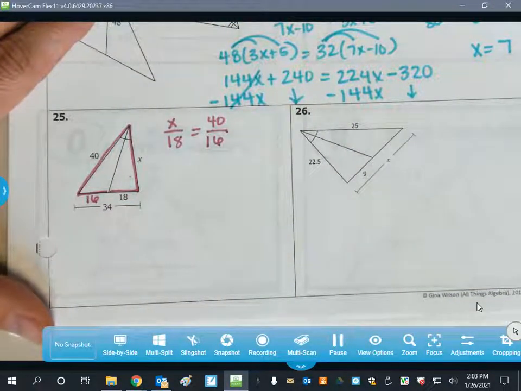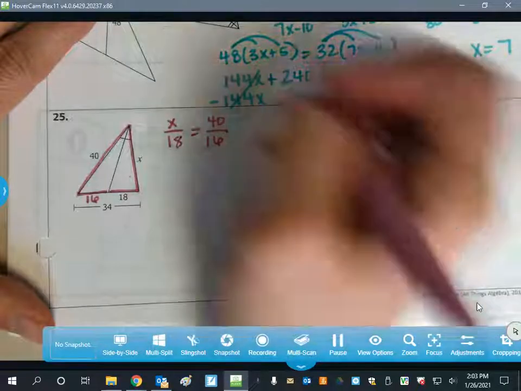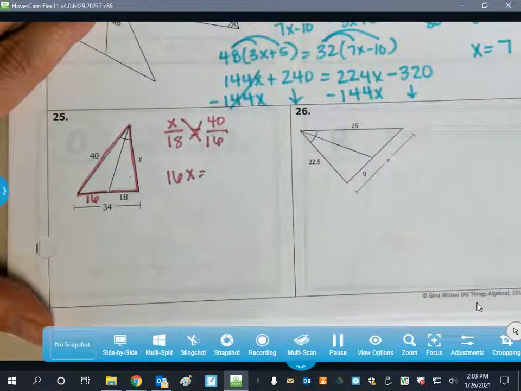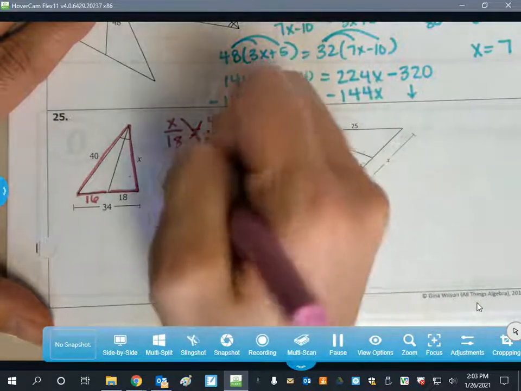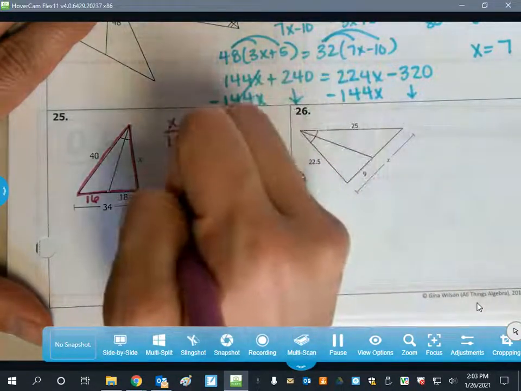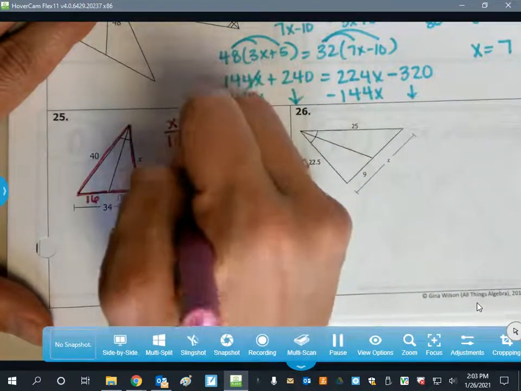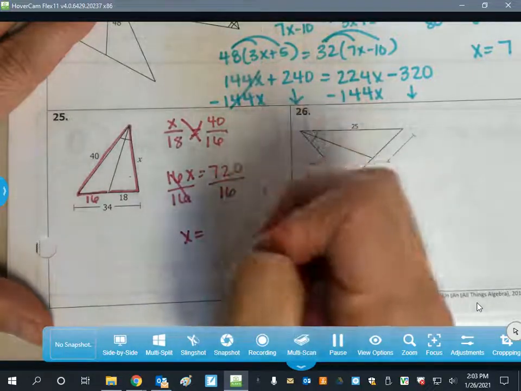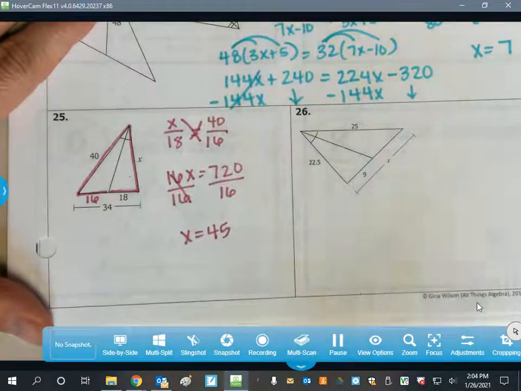Now cross multiply and solve for x. So 16x equals 18 times 40, which is 720. Divide by 16. And x equals 45.